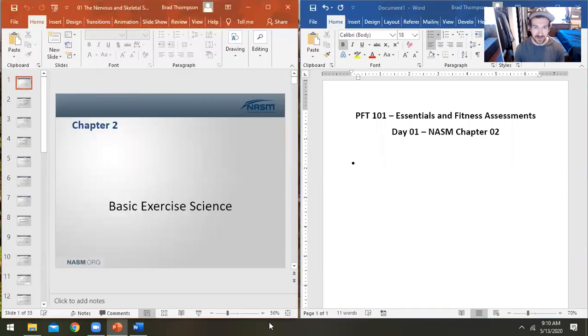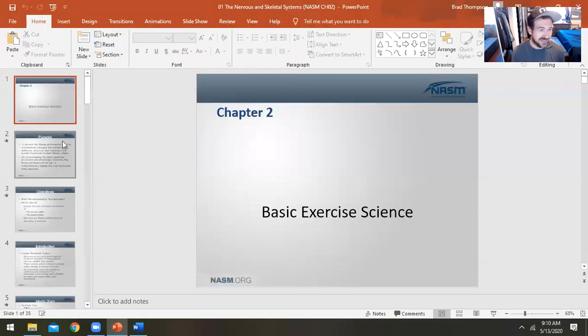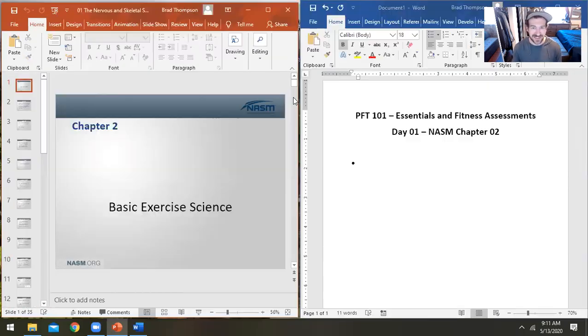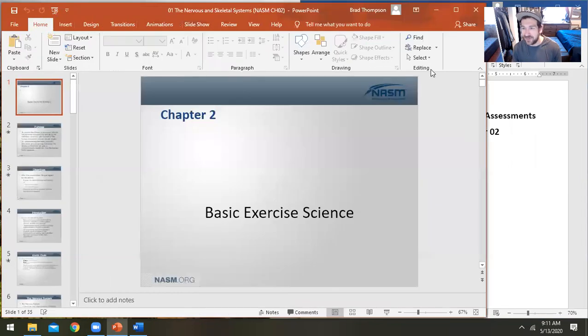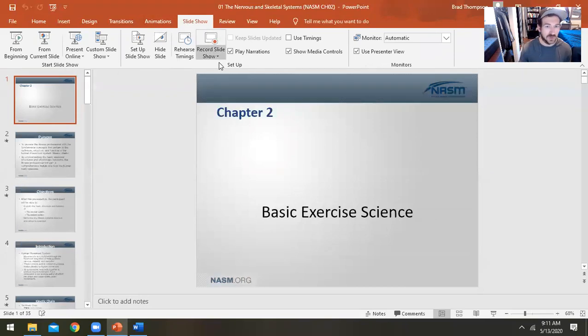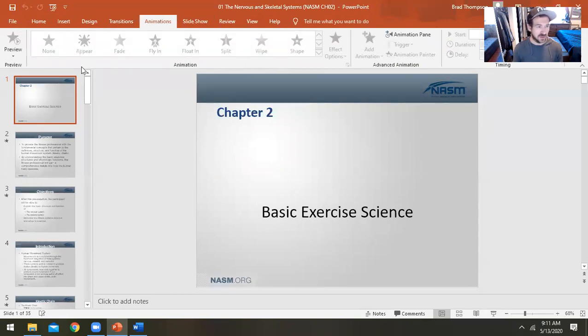One little thing. NASM loves to do this in their slides. As much as I love NASM, I actually hate their traditional PowerPoints, just because they always put the timed rehearsal thing in there, and I need to turn that off or I will go crazy. Slideshow. Is it animations?